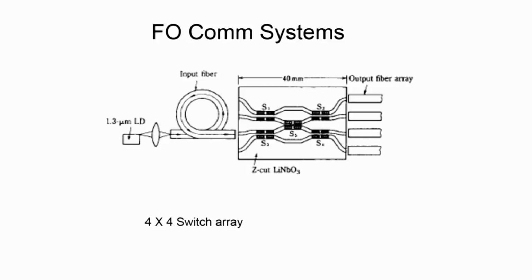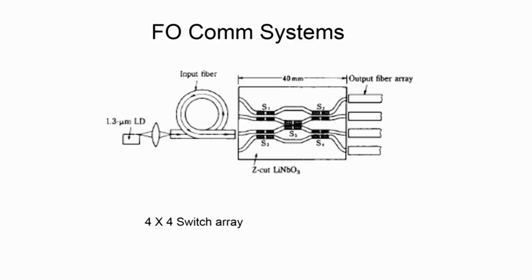This is an example of a system where you have, let us say, 4 users. They receive signals and then the signal from one user has to be communicated to another user. So, we have 4 input ports and 4 output ports, and the signal has to be routed or switched from any of the input ports to any of the output ports.